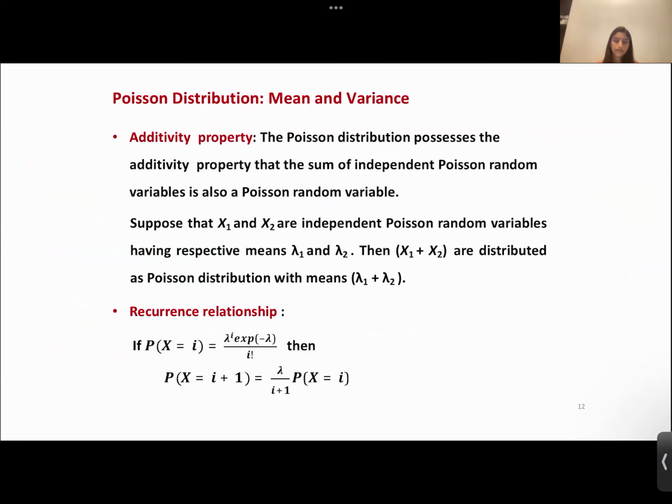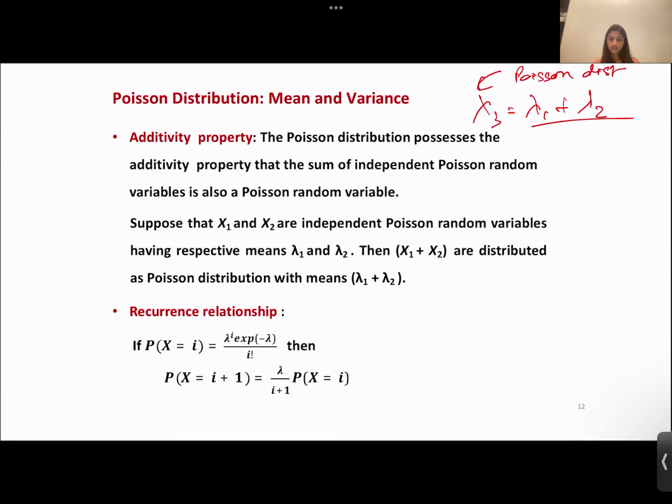We just saw that the Poisson distribution has an additive property: lambda 1 plus lambda 2, so lambda 3 would be the summation of these, and this would also follow a Poisson distribution. Also, there's a recurrence relationship.